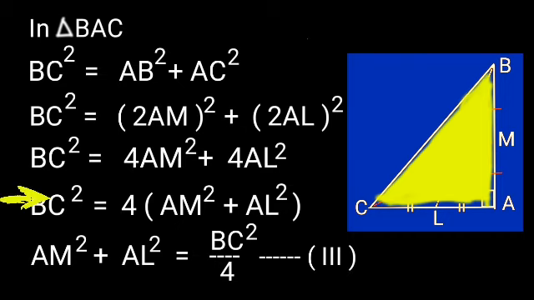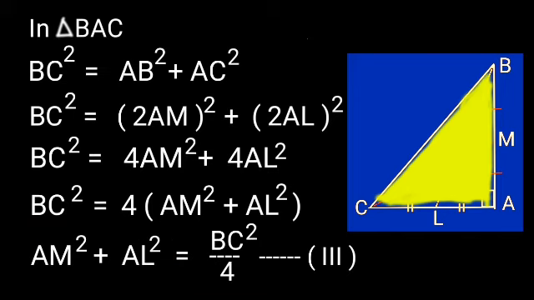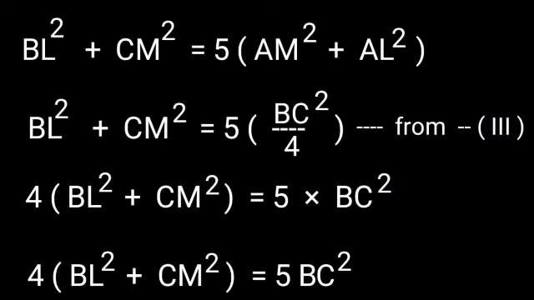4 is transferred to left hand side. Then we will get, right hand side, AM square plus AL square is equal to BC square upon 4. That is our equation third. Reading equation first and second, we have BL square plus CM square is equal to 5 times (AM square plus AL square).